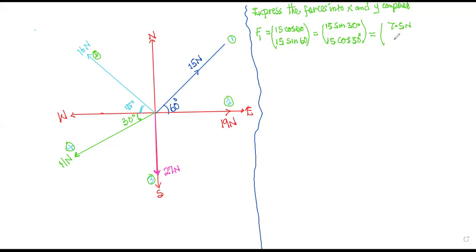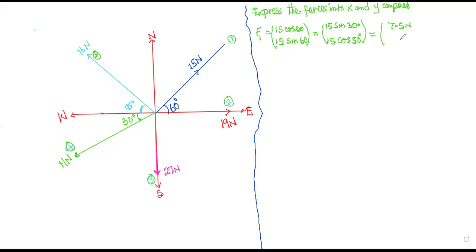Then sine 60 is 0.866 or root 3 on 2. So let's express everything in decimal. Let's say 12.9. Is that 12.9?